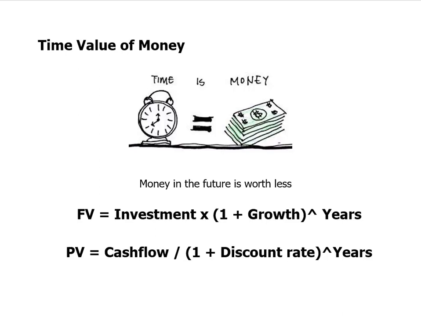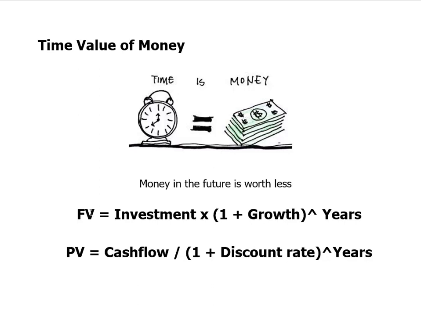So if you make an investment and you multiply whatever this investment amount is by 1 plus a growth rate, some determined growth rate that you think your investment will grow by, and you do that to the power of the years that you are invested, you can determine what the future value of the investment will be. We'll do some calculations on this shortly.